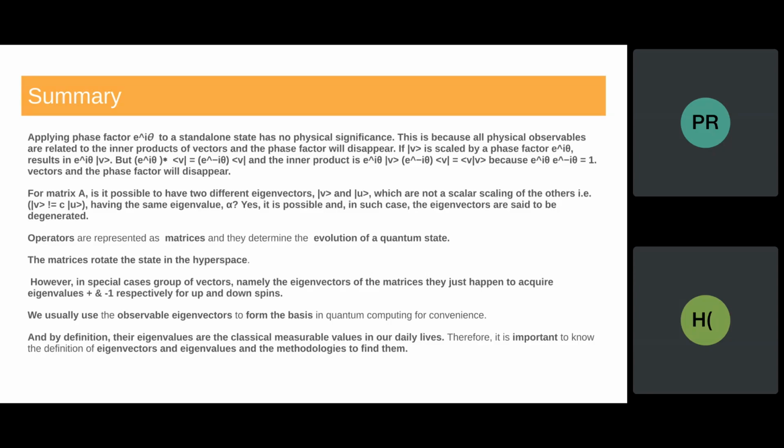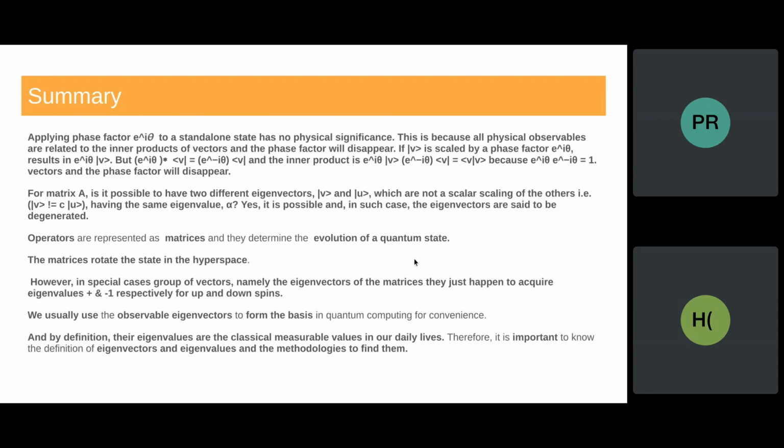Yet we still find some possible cases where eigenvectors have eigenvalues, and they are degenerate, and we discard those which are degenerate. So operators are represented by matrices, and they determine the evolution of the quantum state vector.